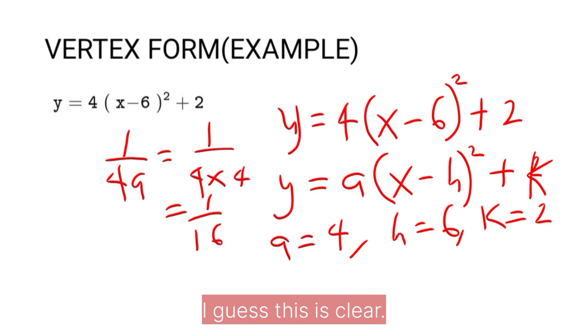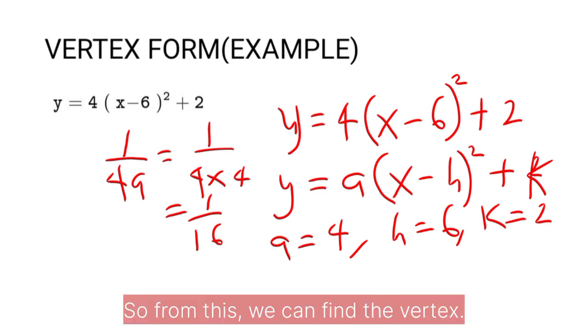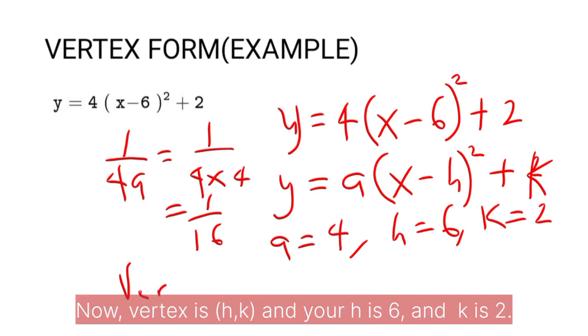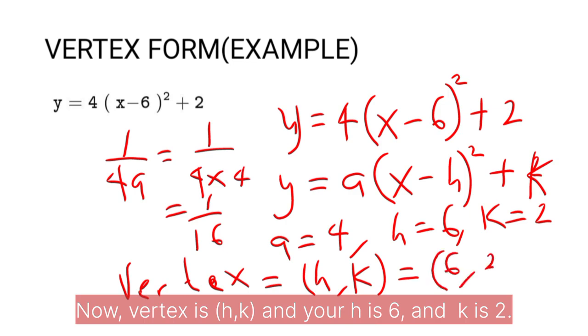I guess this is clear. So from this, we can find the vertex. A vertex is (h, k), and your h is 6, and k is 2.